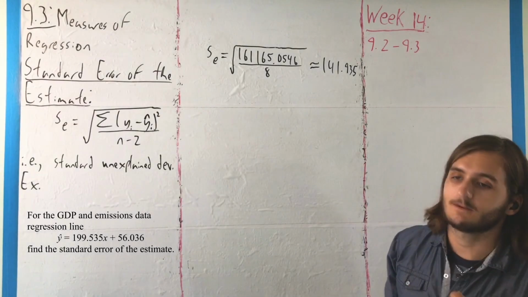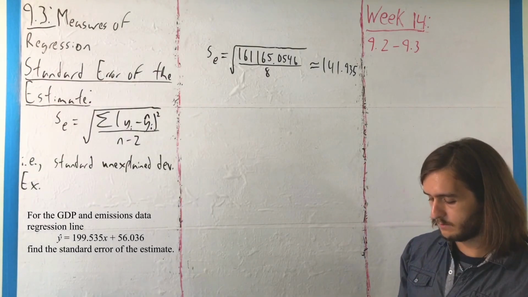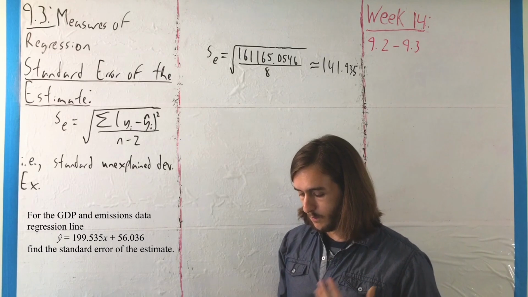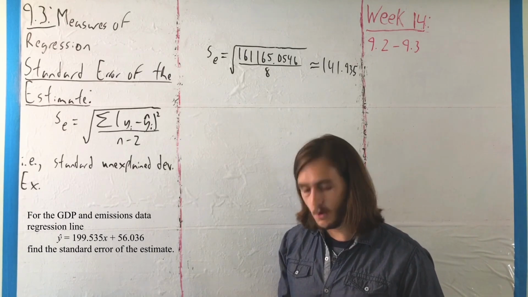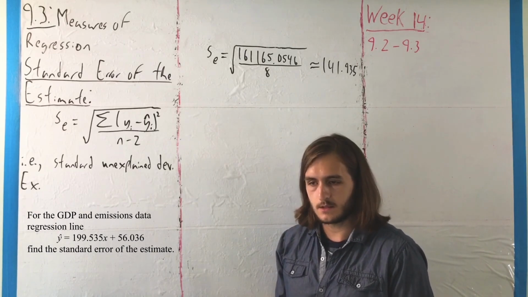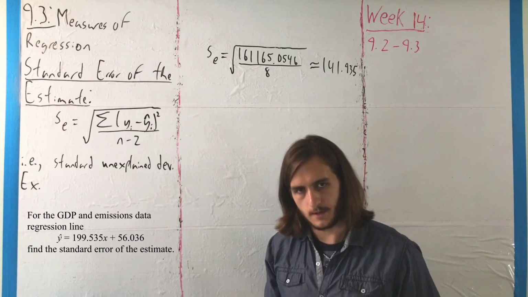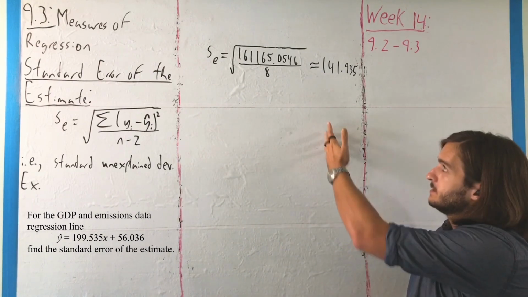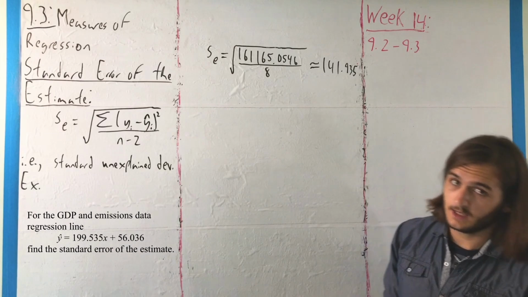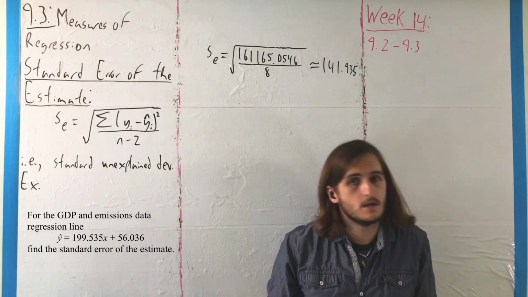Again, seems like a massive, massive number, but you have to remember that when we're looking at those values for Y, the smallest one we have is above 250 million. So the fact that we're getting something smaller than any of our data points indicates that we're actually doing okay. You know, it's not great.